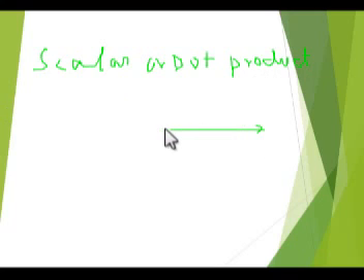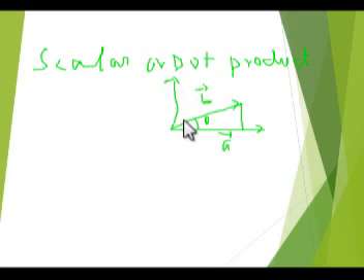In this diagram, this is a vector A and this is a vector B. If we take an angle theta between them and draw a perpendicular from vector B onto A, I am discussing the scalar product and vector product together through this diagram.